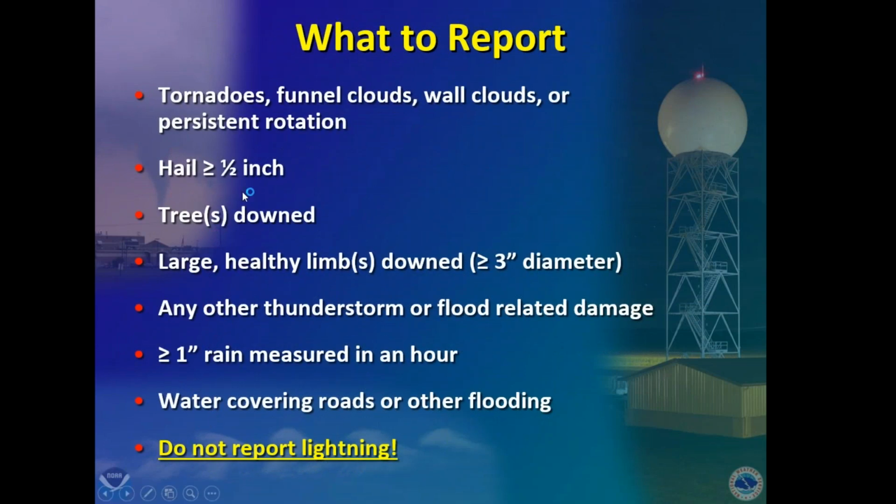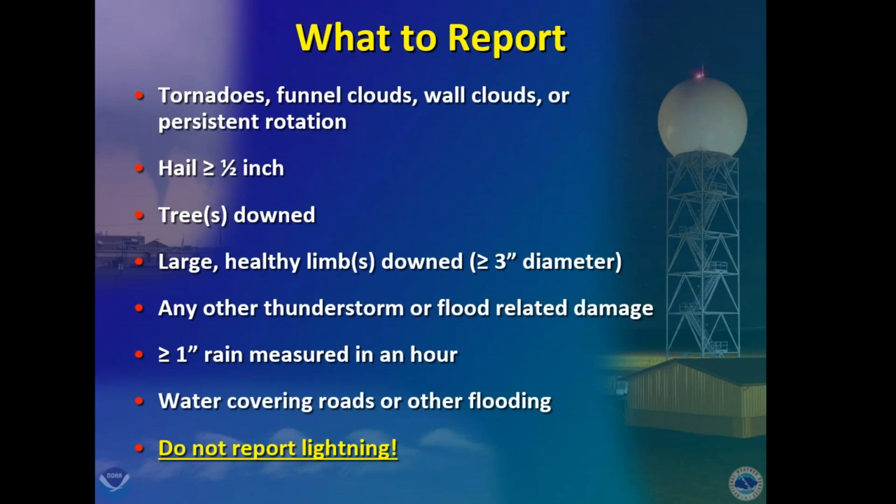As far as what to report, we have a list of handouts that we will circulate, but certainly tornadoes, funnel clouds, wall clouds, persistent rotation, hail larger than, say, pea size. If you have a lot of pea size hail, report that too. Tree damage, folks, down trees are damage.